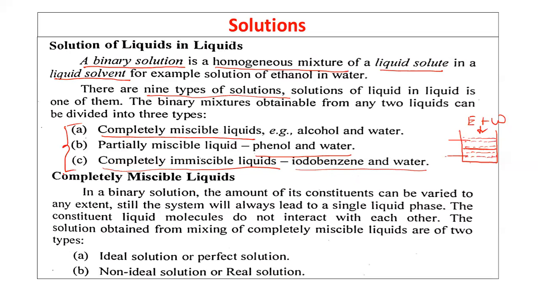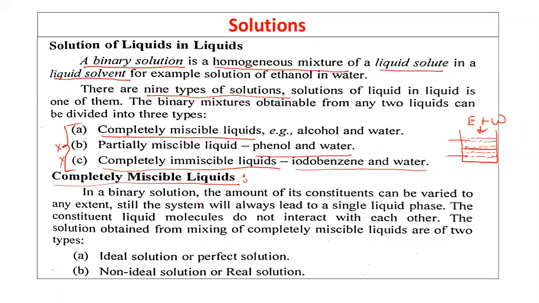Now in this chapter we are talking only about completely miscible liquids, not these other two, partially miscible and completely immiscible. Completely miscible means completely soluble, a homogeneous mixture.